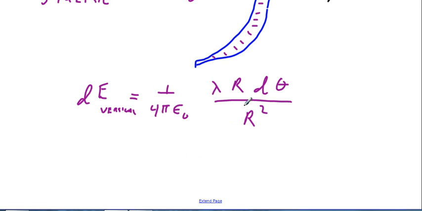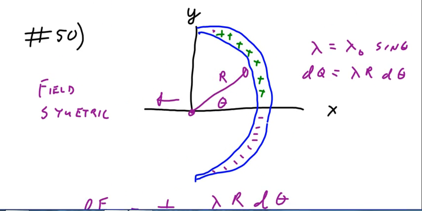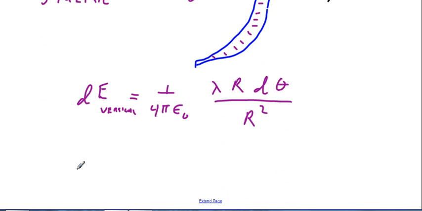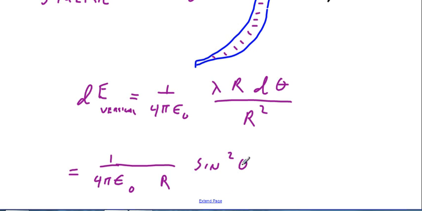We're going to substitute back in for lambda, that lambda is lambda naught sine theta, and we're going to get 1 over 4 pi epsilon naught divided by r sine squared theta d theta.